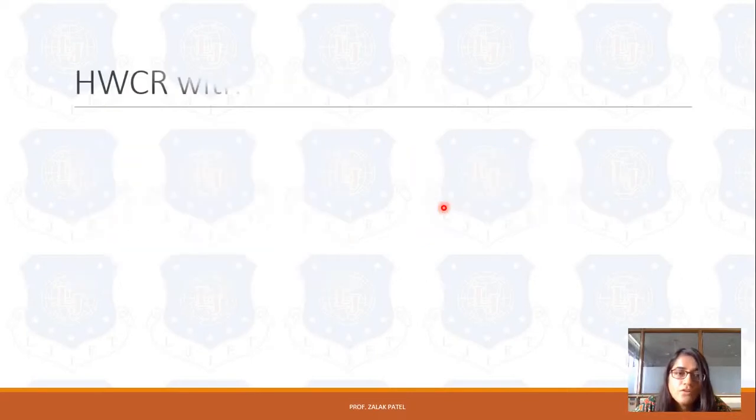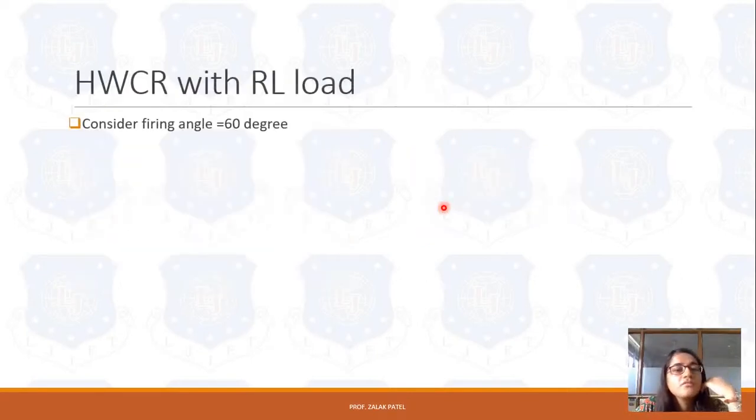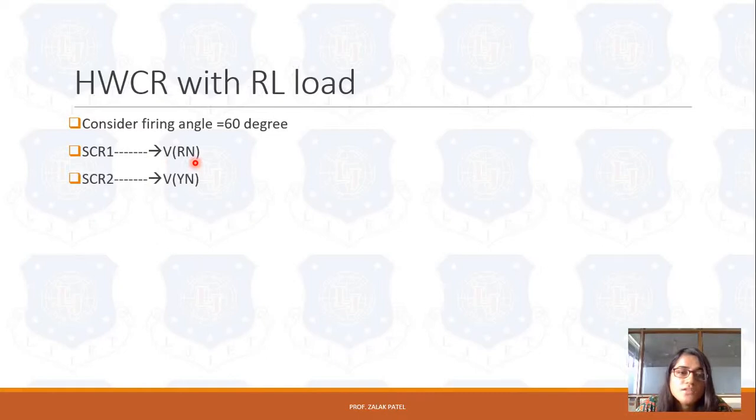Now for this HWCR with RL load, consider that the firing angle alpha is equal to 60 degrees. SCR1 will provide the voltage across the R terminal and N terminal, meaning VRN. This is the phase voltage VRN across SCR1.